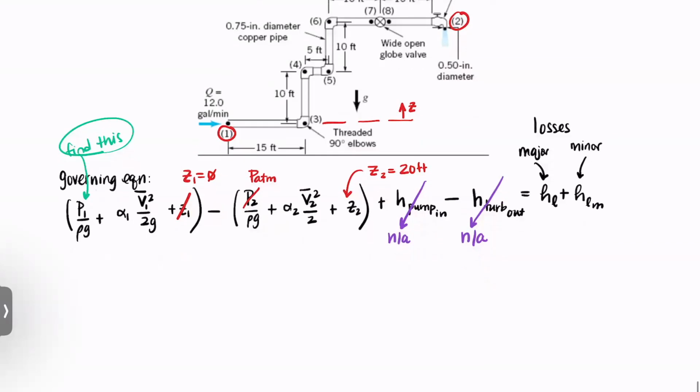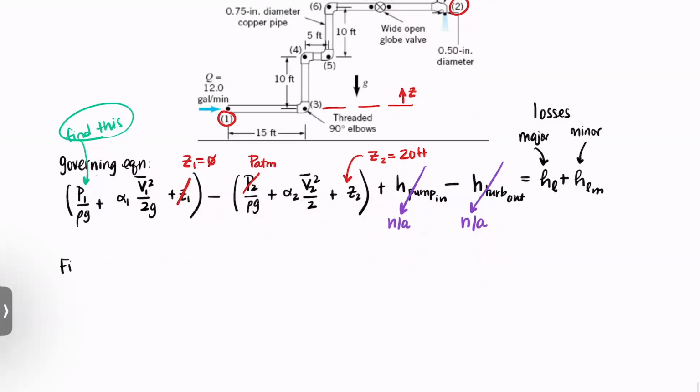So our next step is find V1 and V2 and Reynolds number 1 and Reynolds number 2. Okay? Okay, so we were given flow rate.